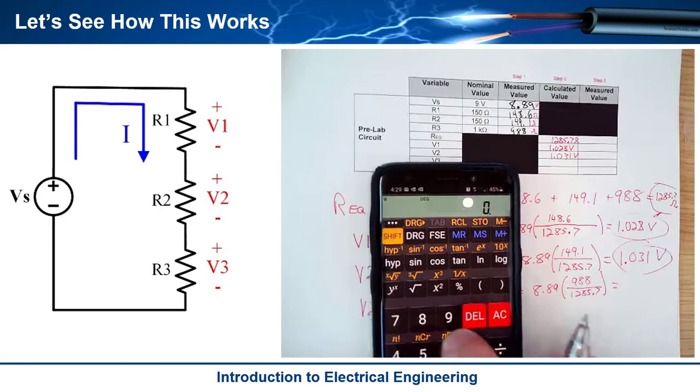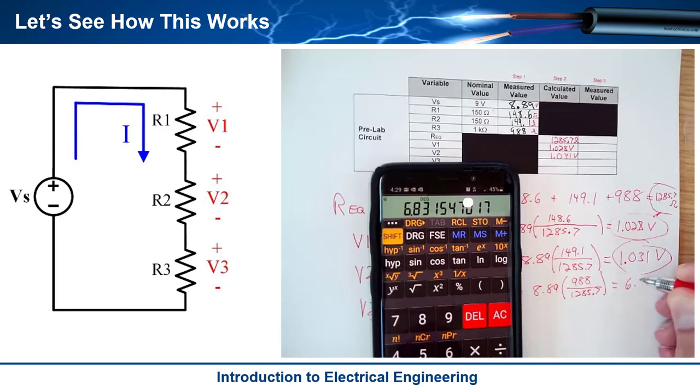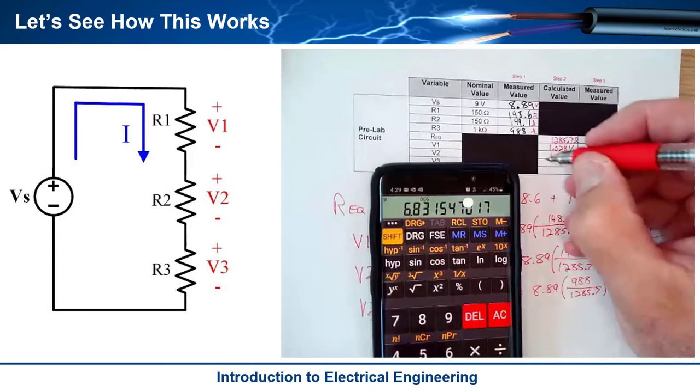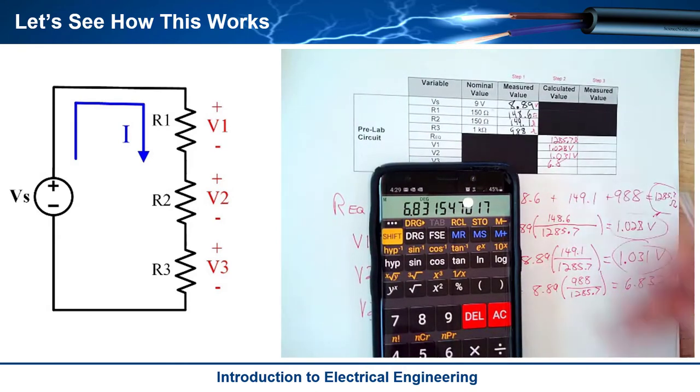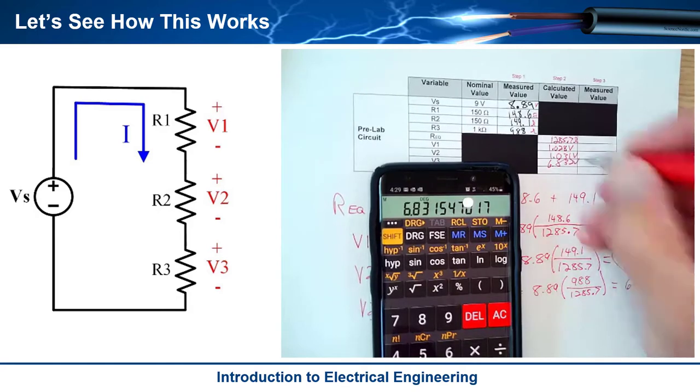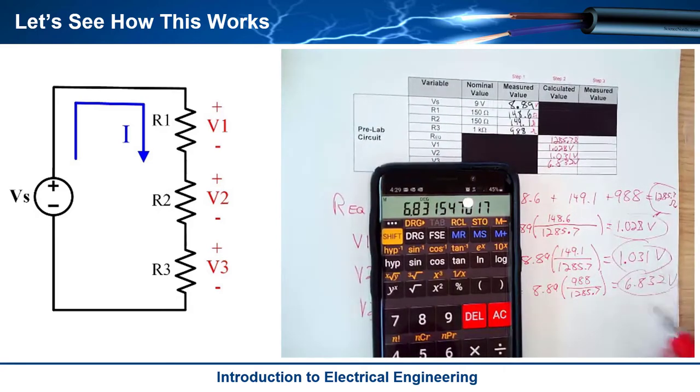I'm going to take 988 divided by 1285.7 equals, and I'm going to multiply that by 8.89 equals. And I should get 6.832. And that's volts. So that comes in right here, 6.832 volts.